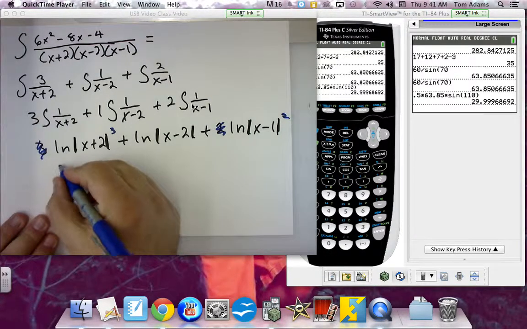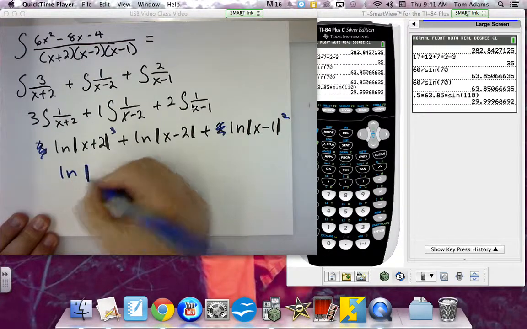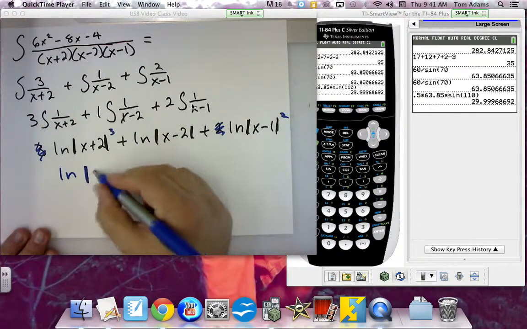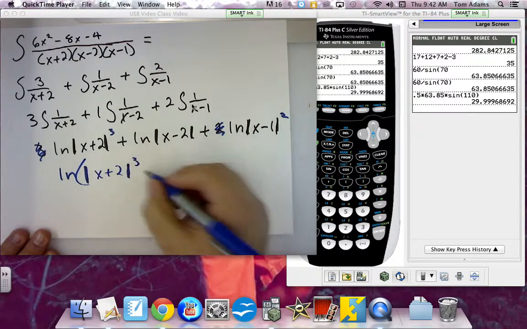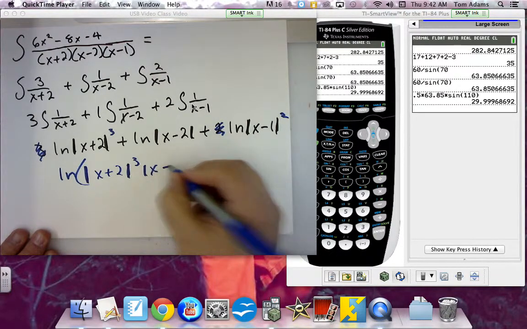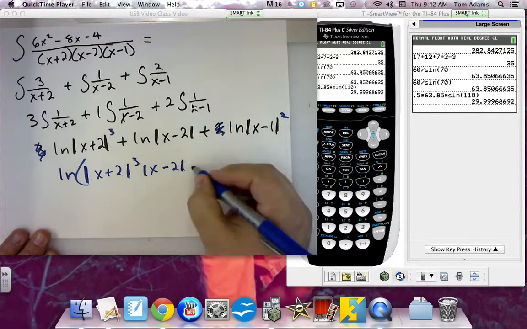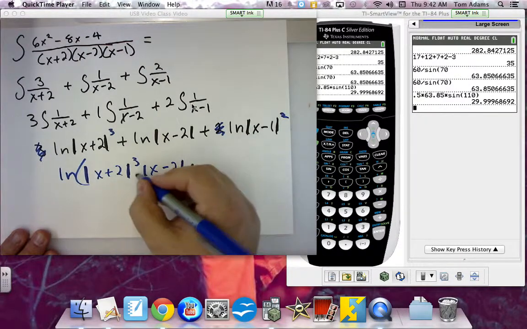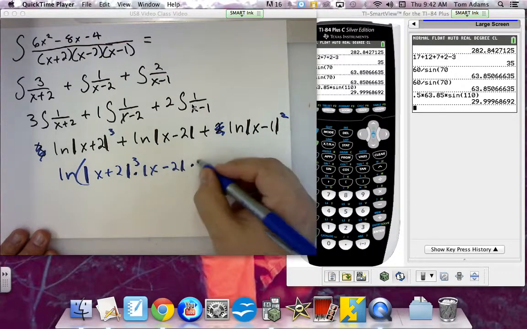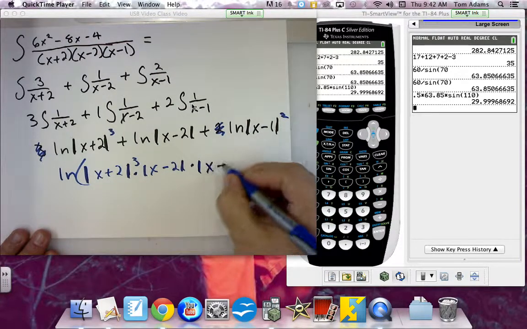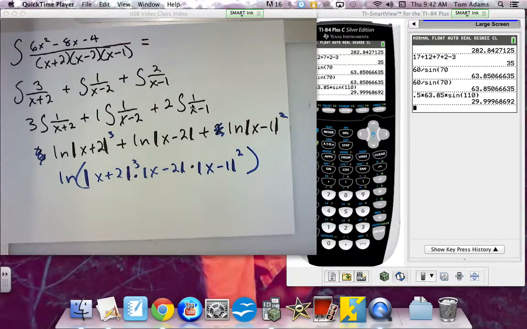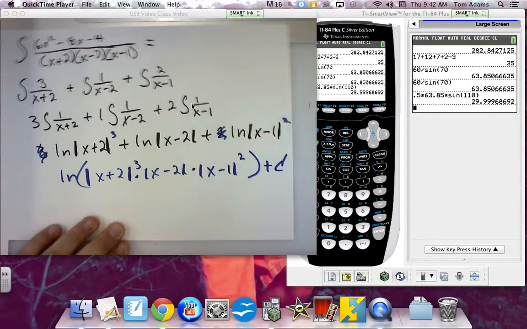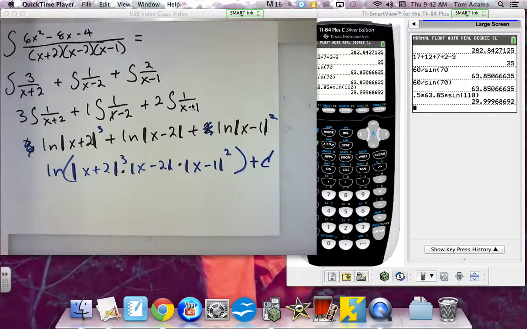So I have the natural log of the absolute value of x plus 2 cubed, times x minus 2, times the absolute value of x minus 1 squared, plus C. That's it.